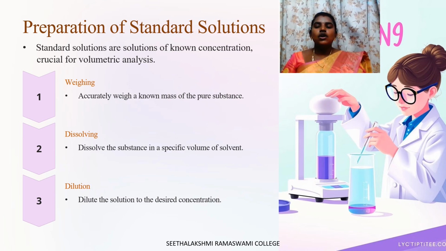Then dissolve the weighed substance in a specified volume of the solvent. Then it is diluted to the desired concentration. After completing these three steps, the standard solution is prepared. Once the standard solution is prepared, we can start the titration with the solution of unknown concentration.